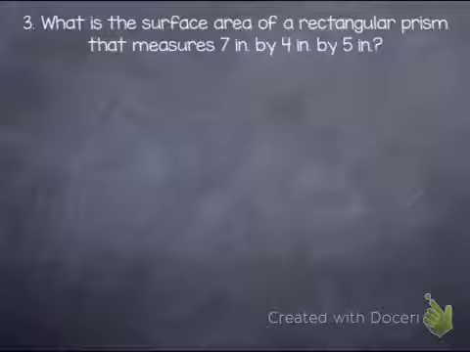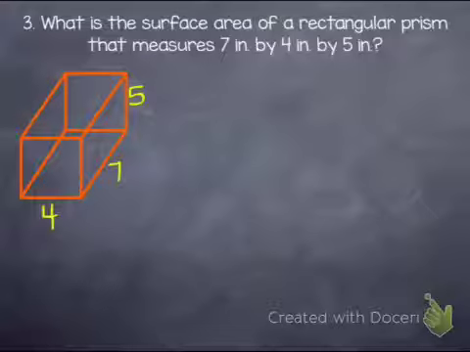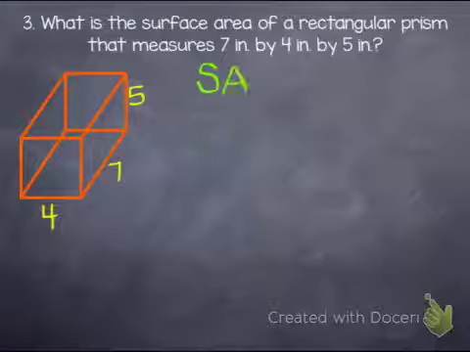Okay, our last one for today, number 3. What is the surface area of a rectangular prism that measures 7 by 4 by 5 inches? So we all know that I like to have an image, so I've drawn a rectangular prism. And what we need to do now is we need to go back in our brains and recall the formula, or just pull it up on one of our cheat sheets or from our notes.